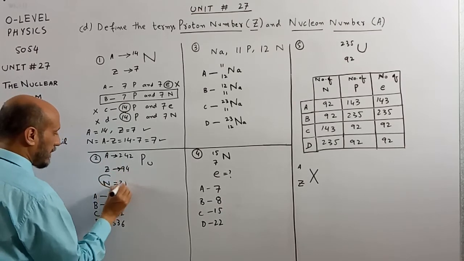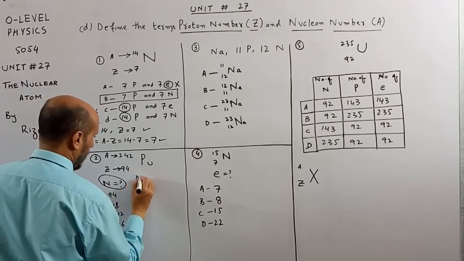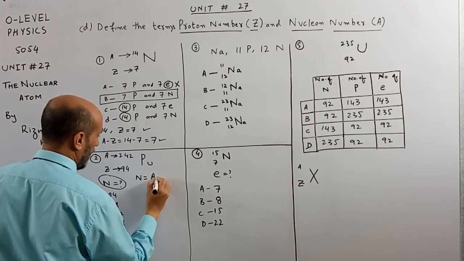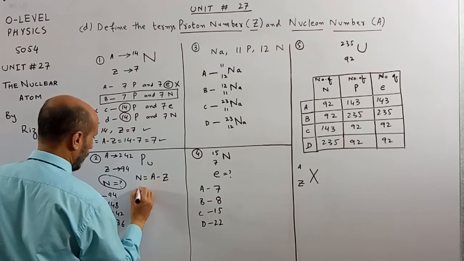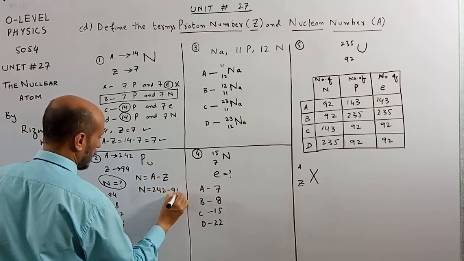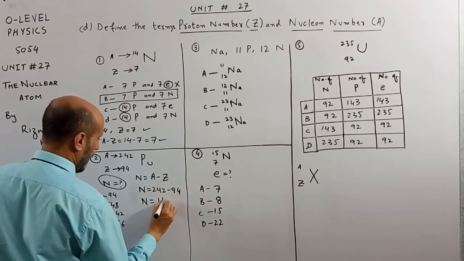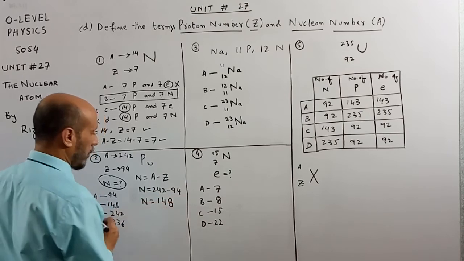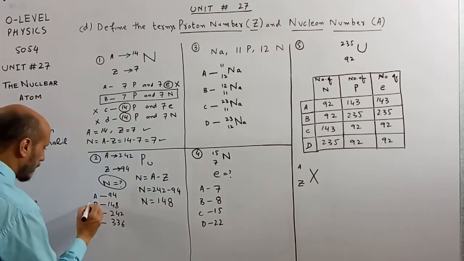We have to calculate the number of neutrons: N is equal to A minus Z, 242 minus 94, and when we solve, the answer is 148. Which option is correct? Option B.